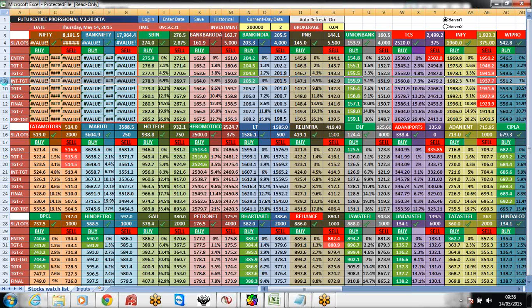These are your target levels, and the percentage you are seeing is the percentage of profits once a script makes an entry and reaches its target levels. PNB, we have a sell, and your stop loss is right below the name of the script, and against the name of the script you have the current prices.